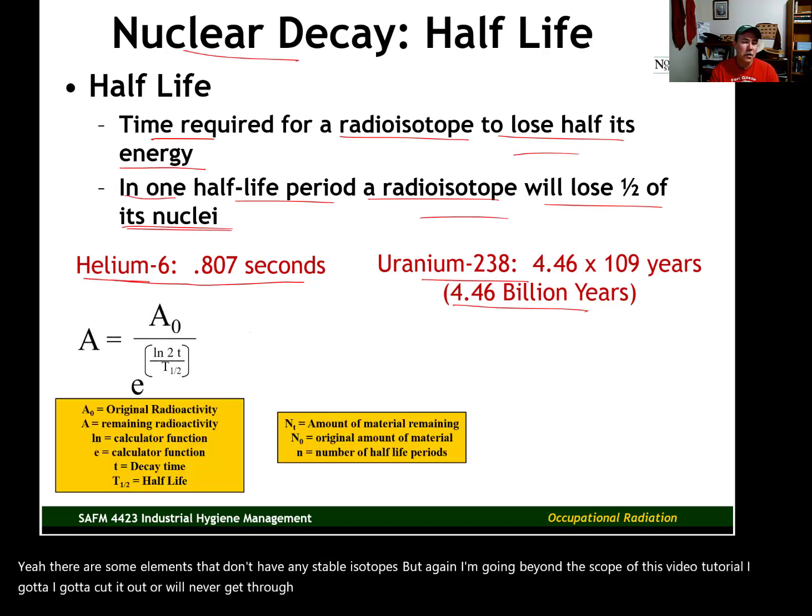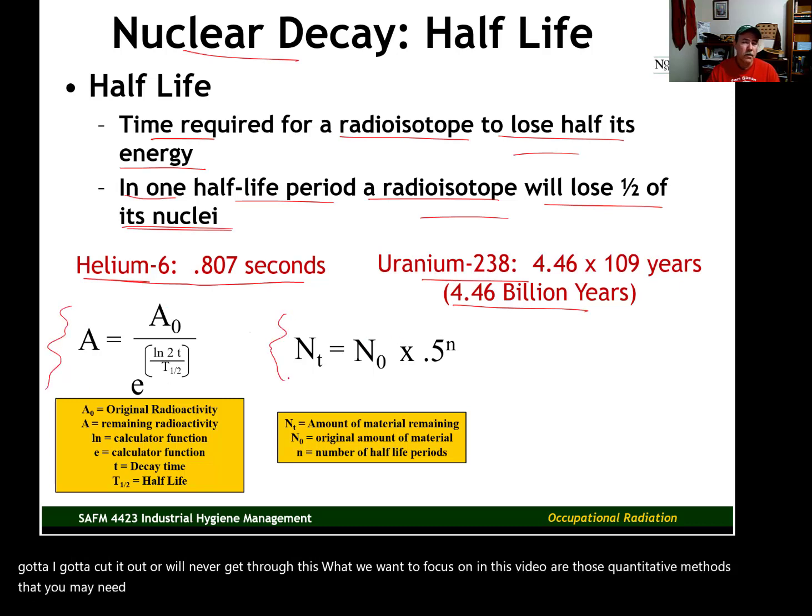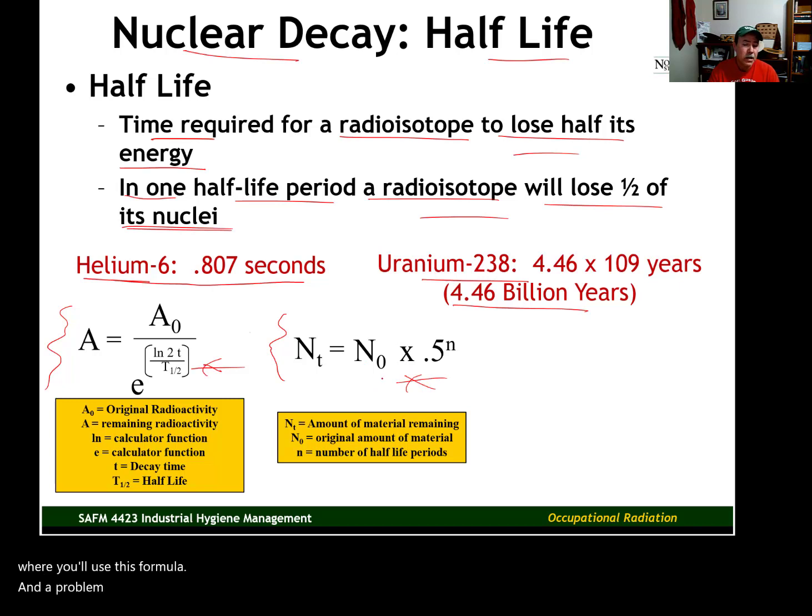What we want to focus on in this video are those quantitative methods that you may need to use on the certification exams when dealing with the concept of half-life. You're likely to see a problem where you'll use this formula and a problem where you can benefit from using this formula. This formula is one that they will give you on the CSP exam.